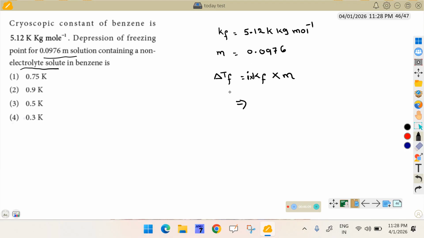For a non-electrolyte the van't Hoff factor value is 1. Kf value 5.12 into 0.0976. Simplify, then you will get nearly 0.5 kelvins. Third option.